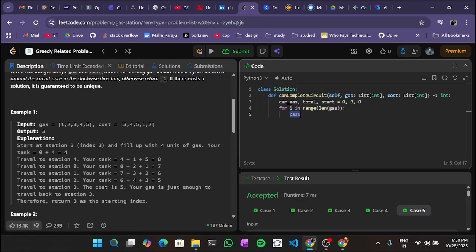So we are starting at the 0th position, which is the starting position. Now current gas plus equals the difference.